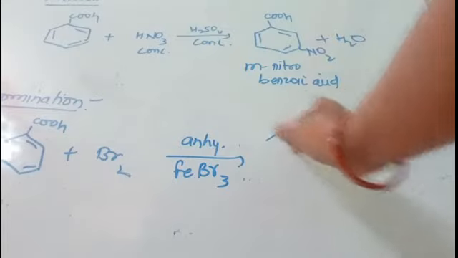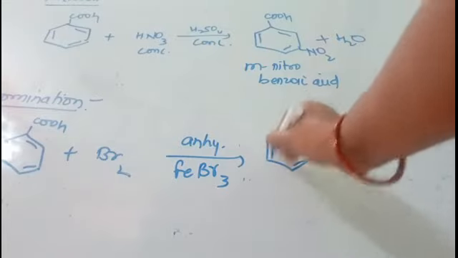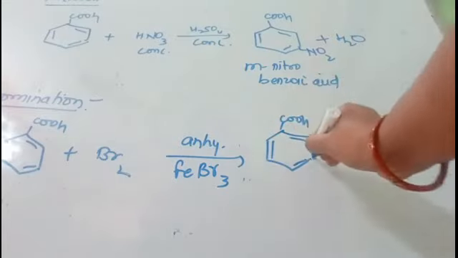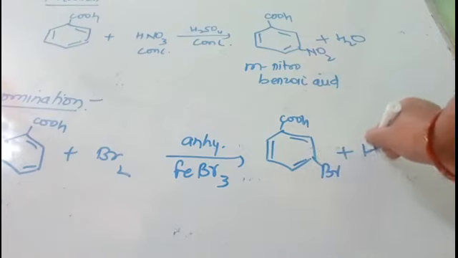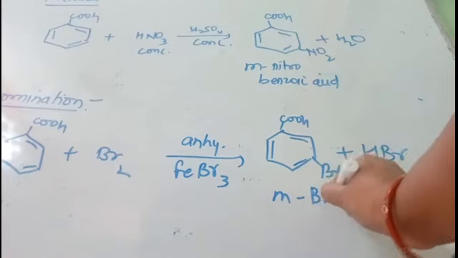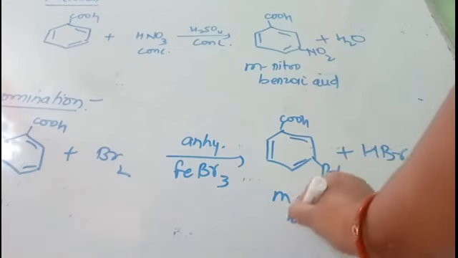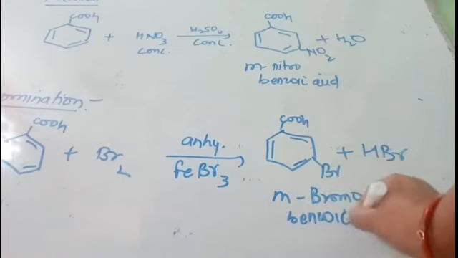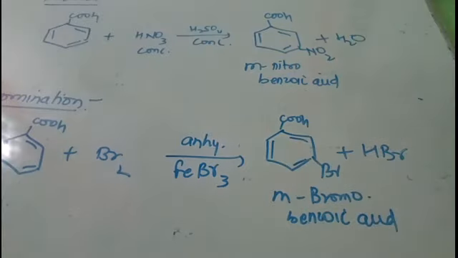So at meta position bromo group will come. Meta bromobenzoic acid will be formed. So this is how the electrophilic substitution will take place at meta position.